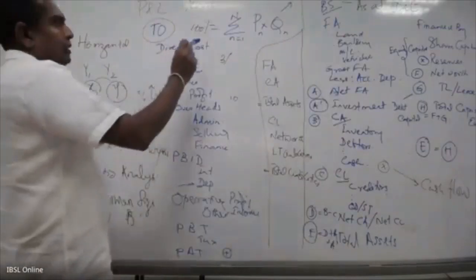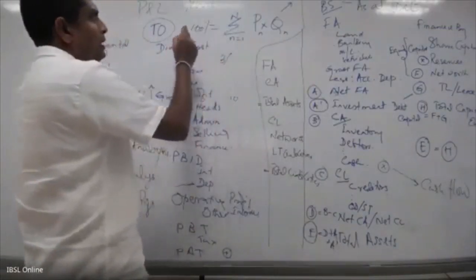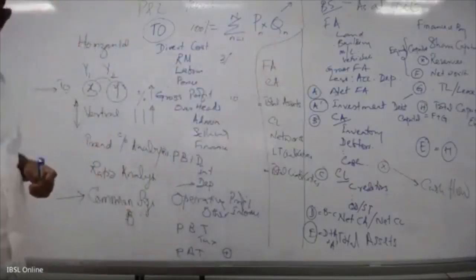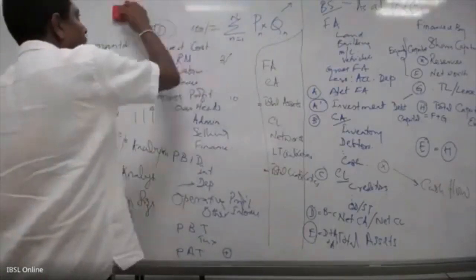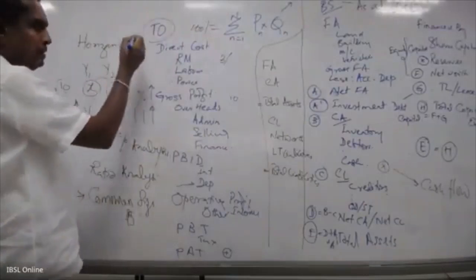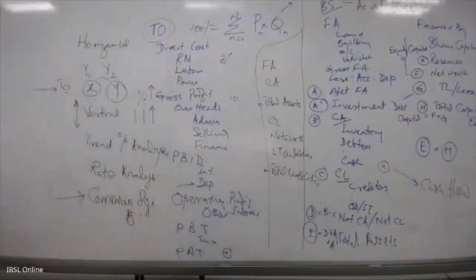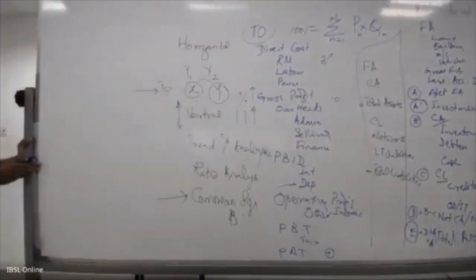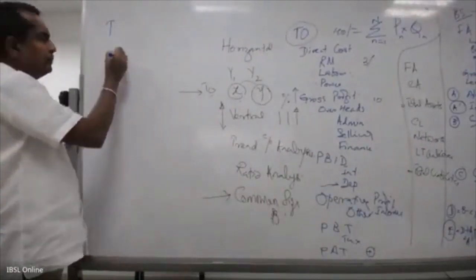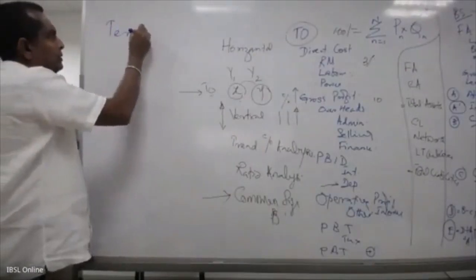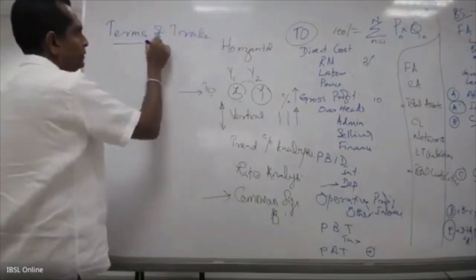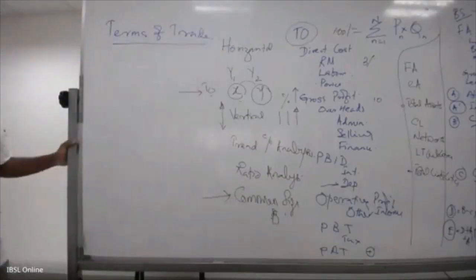Say, turnover is derived from price and quantity. We have something called terms of trade, TOT.